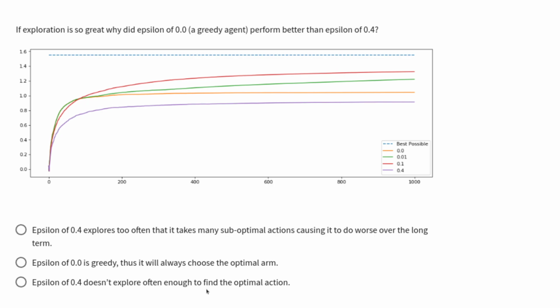First one. Epsilon of 0.4 explores too often, so it takes many suboptimal actions, causing it to do worse over the long term. Yeah, that's true. So it explores too much. It's good to explore, but with some limit. You cannot always do exploration, right? So the first one will be right.